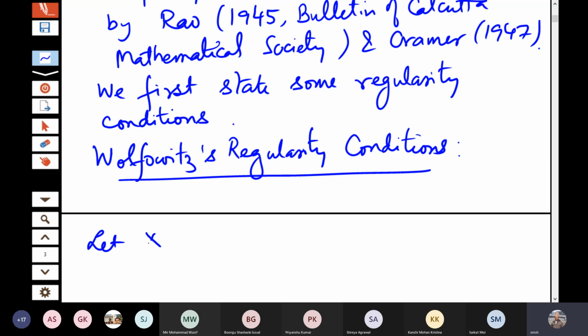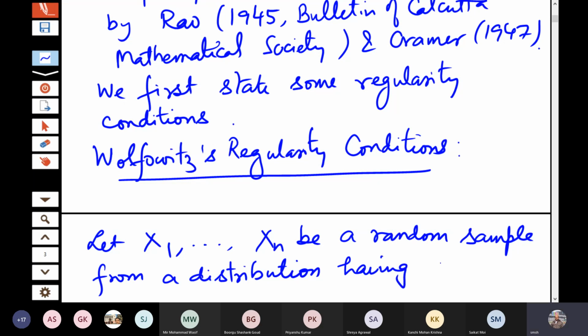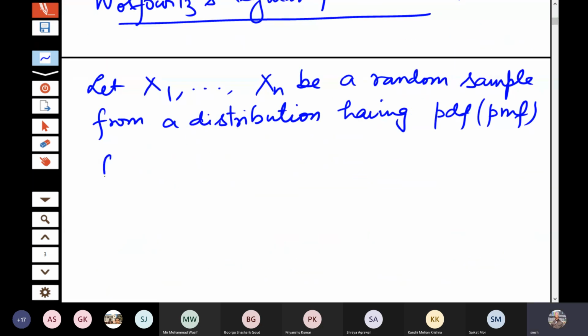So let us consider x1, x2, ..., xn a random sample from a distribution having probability mass function or probability density function, say f(x, theta). In the beginning, I am writing it for one parameter only, theta.